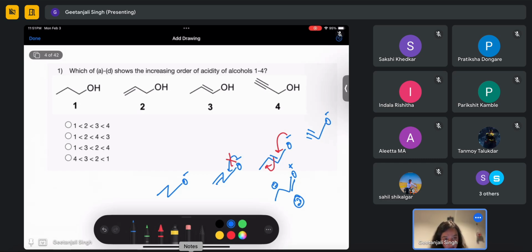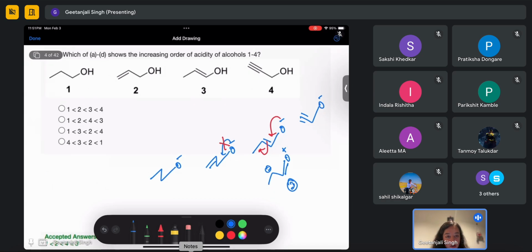What about the other one? Let's consider the other option, inductive effect. Because there is no other atom here, we don't have to think about inductive effect as well. The last option is to check the hybridization. This one is sp2 hybridized, and this one is sp hybridized because of the triple bond.